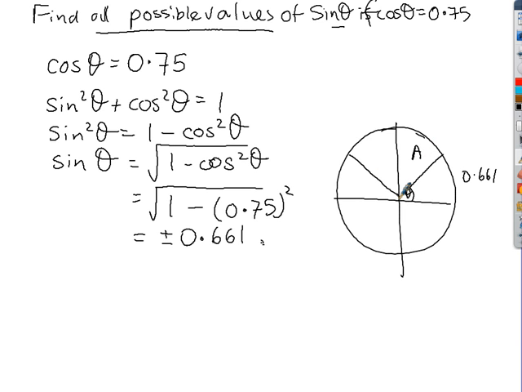If it's in that quadrant, then it would be all stations. It would be positive again, 0.661, because sine is positive in that quadrant. And if it happens down in these quadrants here, then it's going to be negative 0.661. So there's two possible values, but there are 4 angles that it could happen.